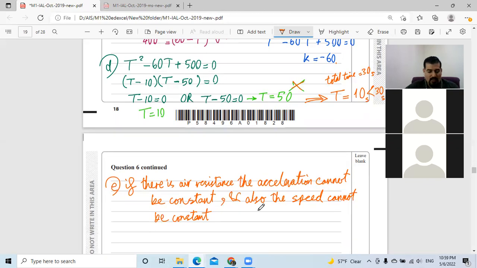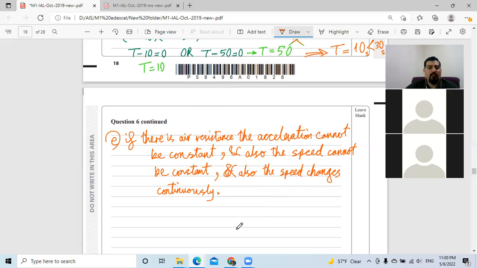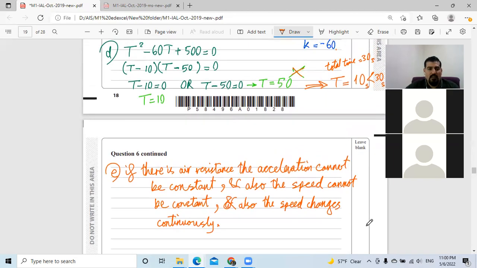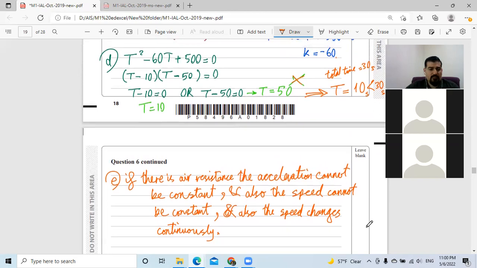Good. And also the speed changes continuously. There is no constant speed. Good. Take a screenshot here.